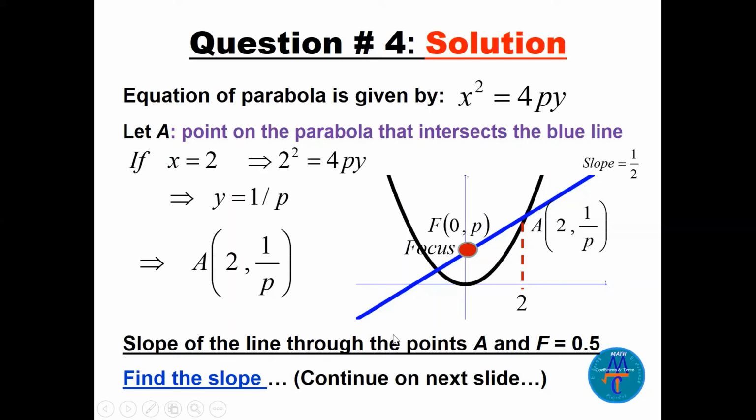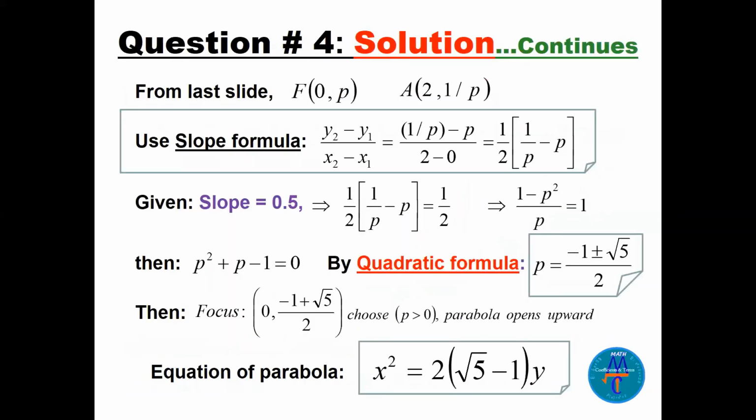That's the slope. The slope of the line through the points A and F is equal to half. Let's find the slope. Make a little pause, please, here, if you like, and just try to remember the formula for the slope, given 2 points. It's y2 minus y1 over x2 minus x1. It's here.